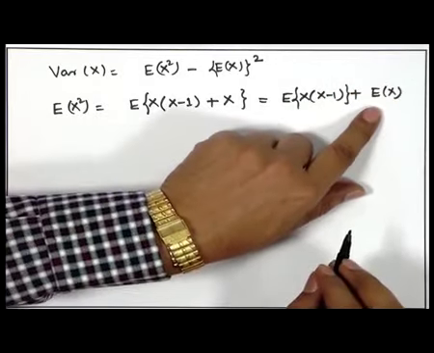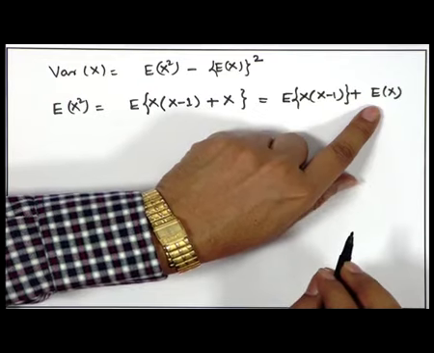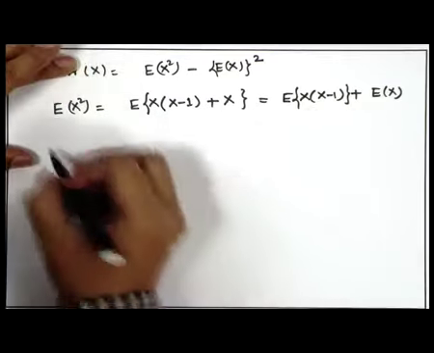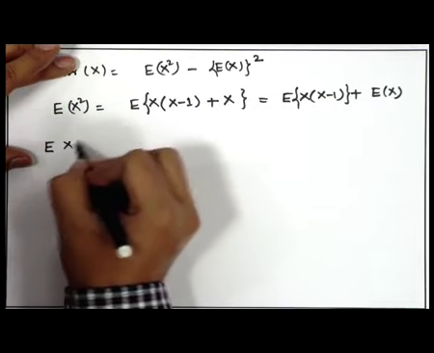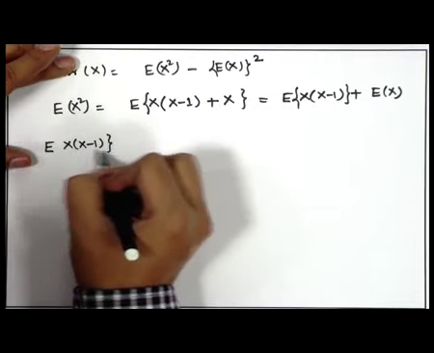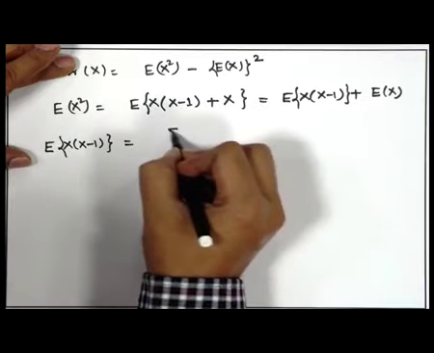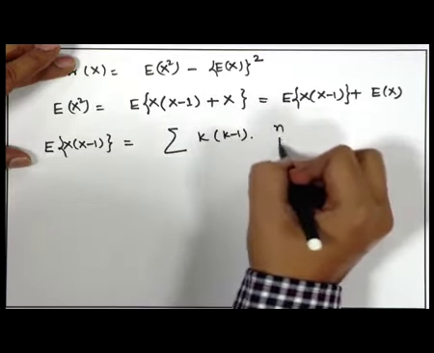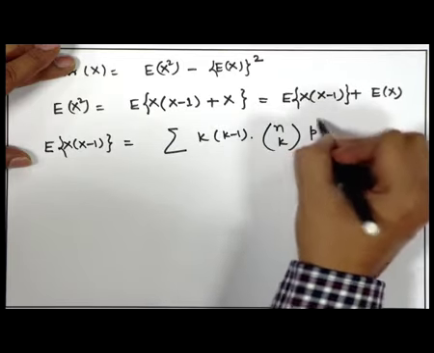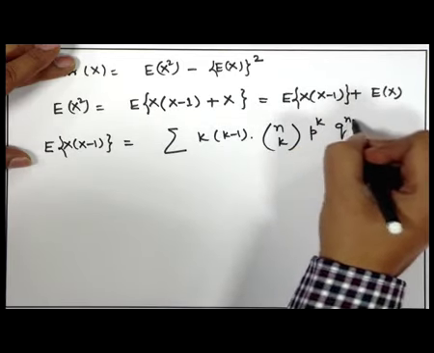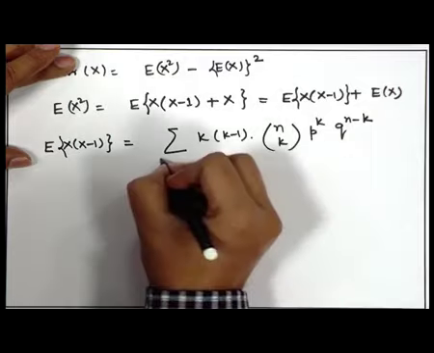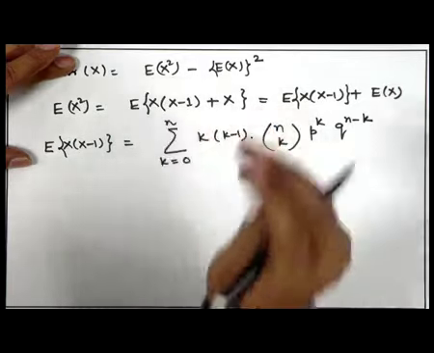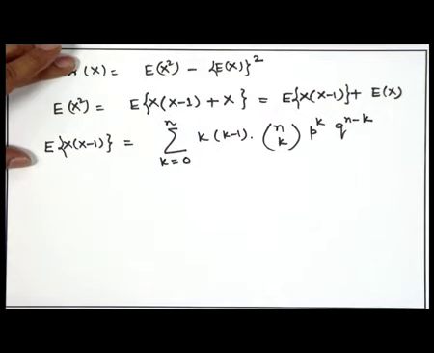Expectation of x has already been calculated, it is np. So, now I calculate expectation of x into x minus 1. That is the summation of k into k minus 1, n choose k, p to the power k, q to the power n minus k, for k equal to 0 to n.